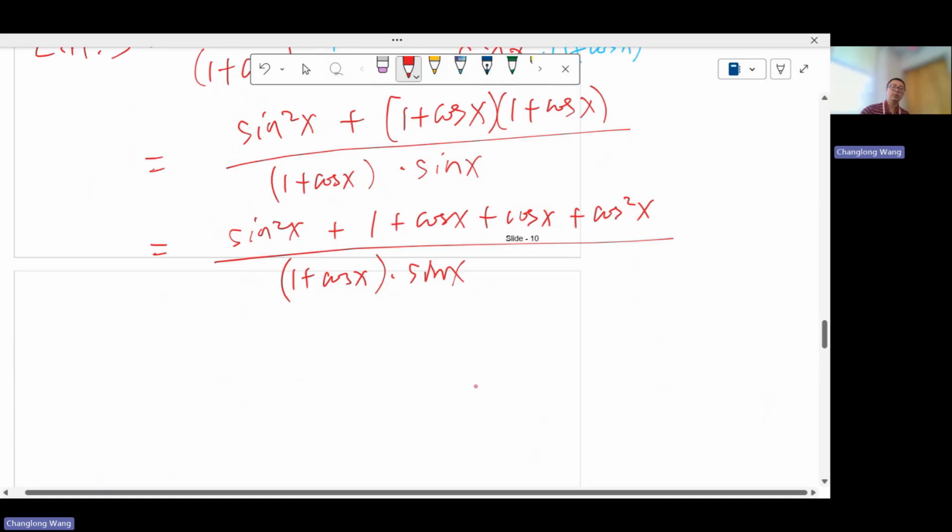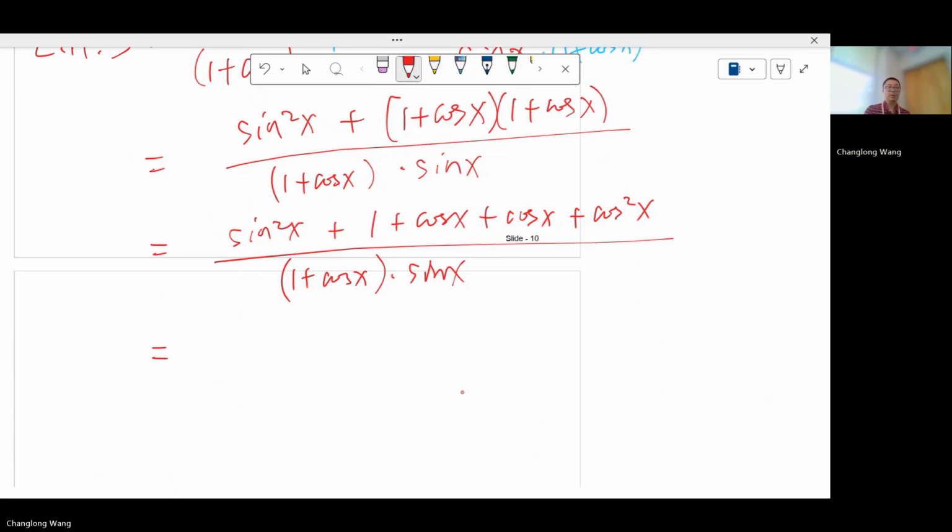Can I further simplify the numerator? Do you notice any interesting combination of sine and cosine? They might be a little bit farther away from each other. See those two? Now you should be alerted to those combinations of sine squared and cosine squared.